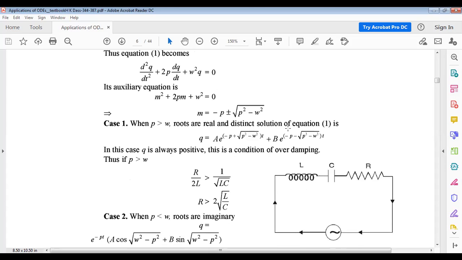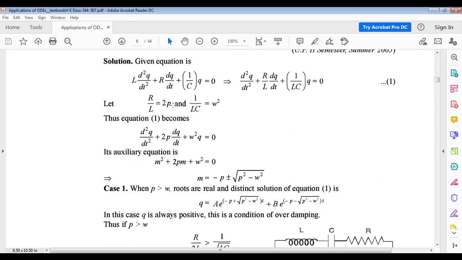So thus, if p is greater than omega, then R by L is greater than 1 by root over LC. Understand? p equals R by twice L, because R by L equals 2p. So p equals R by twice L, and omega equals 1 by root over LC.